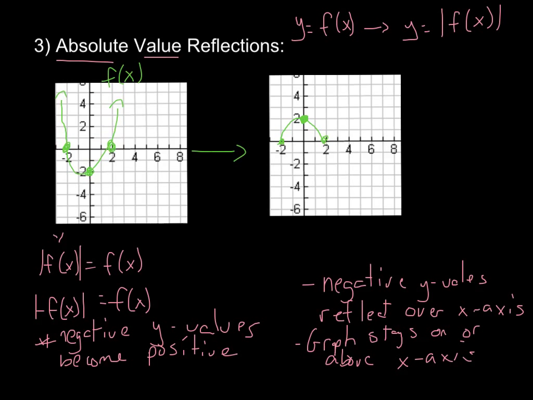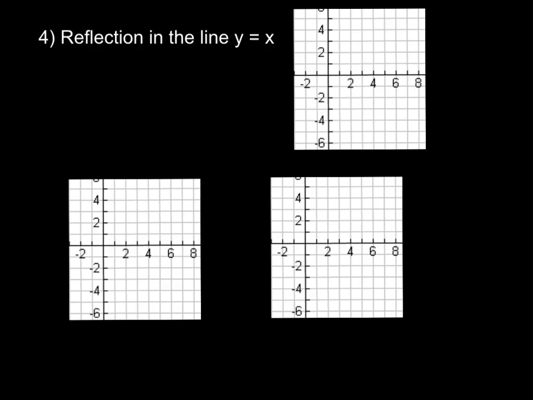So you just leave them where they're at. So it kind of looks like a funky W now, instead of a regular parabola. Whatever was above the x-axis stayed normal. Whatever was below it became positive. That's how the absolute value graphs work. We'll work more with those later in the video.